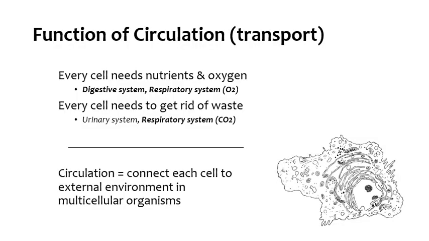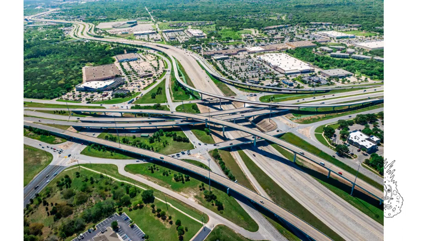Circulation is the transportation of gases and nutrients around the body, because the body is too large or has too many cells to just diffuse those molecules directly. The circulatory system is like a system of roads or railways that take materials from a supply area to a destination area.